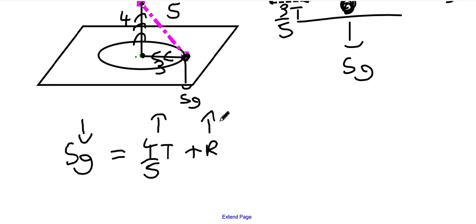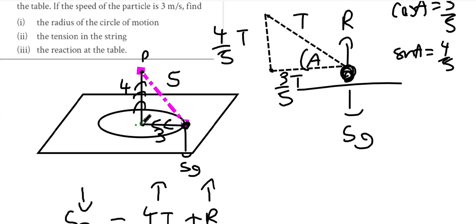Is that okay? Now, what force aims in towards the middle of the circle? 3 over 5 T is the only thing; the tension is the only thing responsible for keeping this thing moving in a horizontal circle.